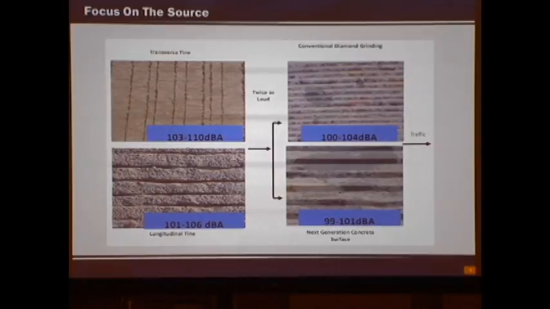If you see on the left, we have the transverse tine and the longitudinal tine. On the right, you have a conventional diamond grinding and the next generation on the bottom right. I show some decibel levels between the two and some comparisons you can see on this slide. And I'll get into that a little bit more in depth later on in the presentation.